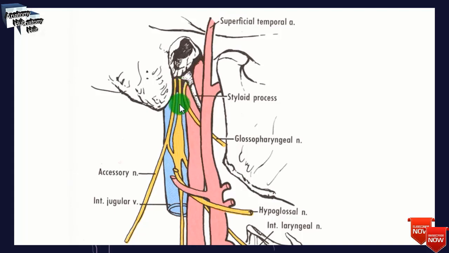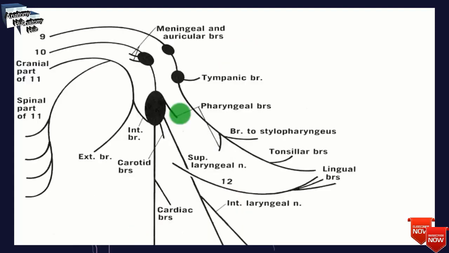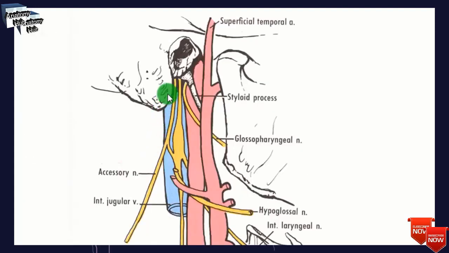So this is your 10th cranial nerve, where it has superior and inferior ganglia containing the cell bodies. The superior ganglion, otherwise known as the jugular ganglion, and the inferior ganglion, otherwise known as the nodose ganglion, contain the cell bodies of the afferent fibers.